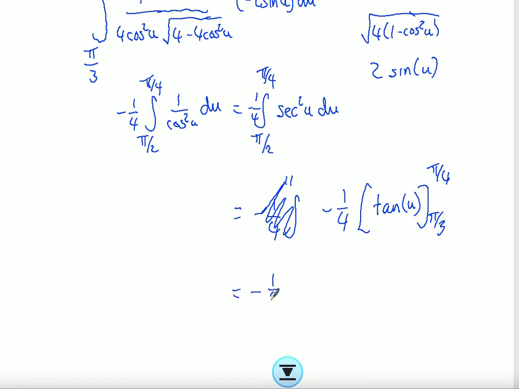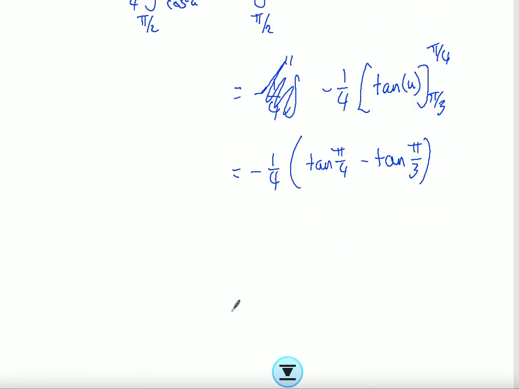So it's negative 1/4, and that's going to be tan pi over 4 subtract tan pi over 3, which when we chuck that in, we're going to get negative 1/4 and 1 subtract root 3.